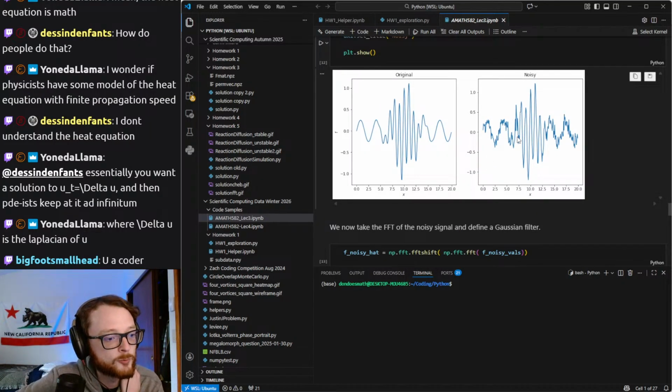Let me catch the chat. Bigfoot Smallhead. A little bit. I haven't made an actual app before, but I can solve math problems with code, I would say.